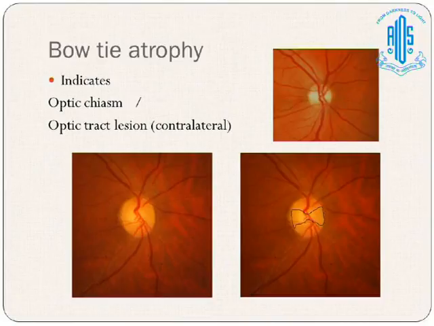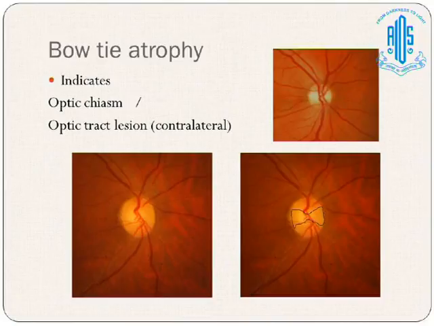Bow tie atrophy indicates that the nasal fibers are lost. When you compare the nasal fibers and the temporal fibers, and you find that both look nearly the same, that is the clinical description of a bow tie atrophy. Anything beyond the optic chiasm will have a bilateral representation.